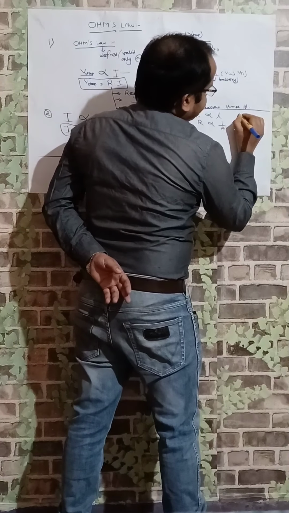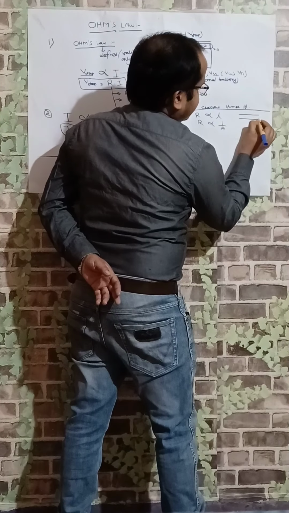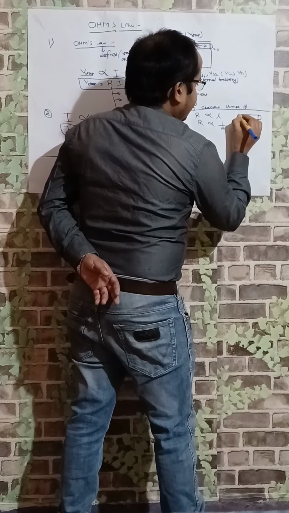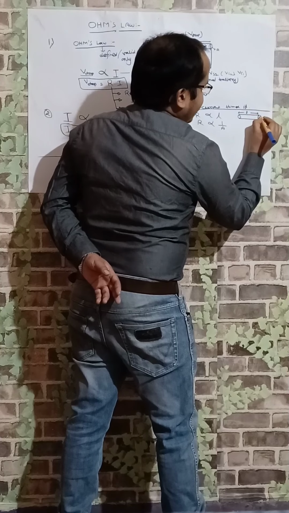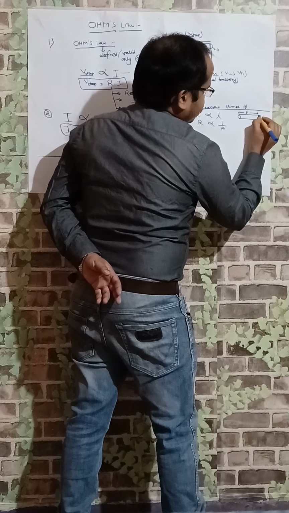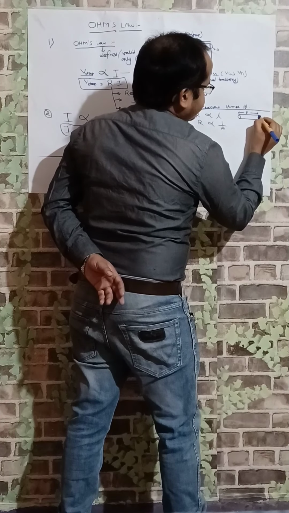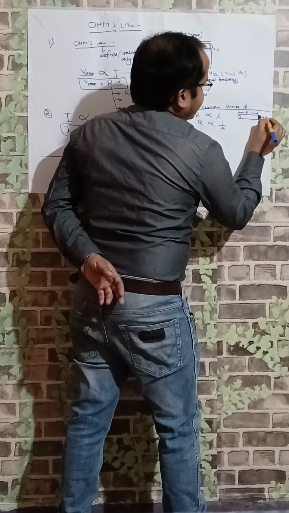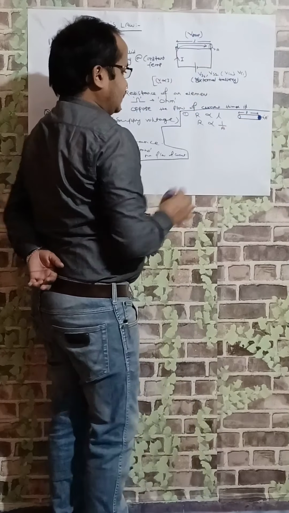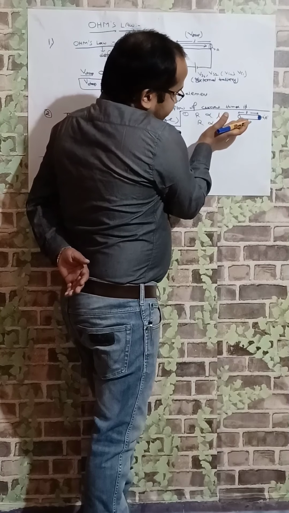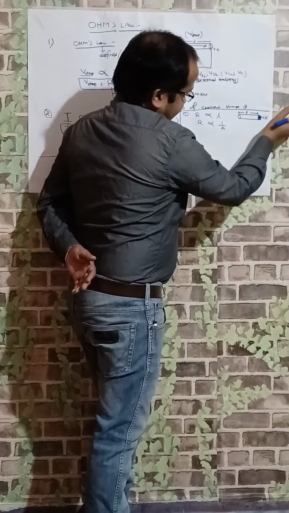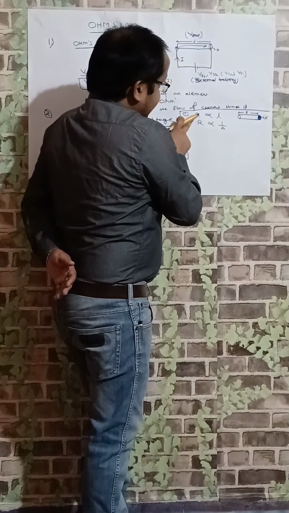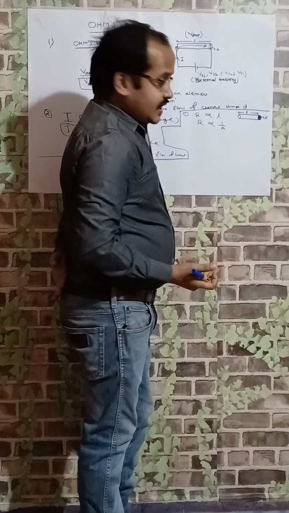If this is an element or any material whose length is L, this portion is the area of cross section. As the length of this material increases, the resistance will also increase proportionally.